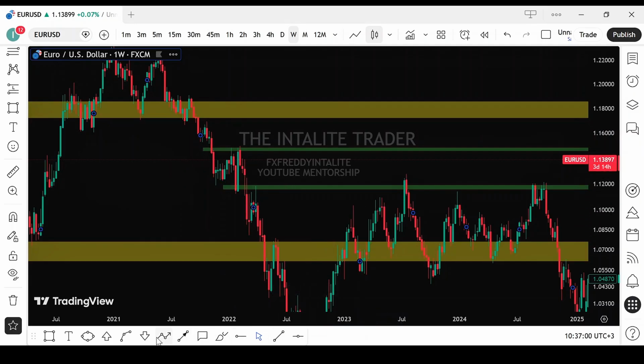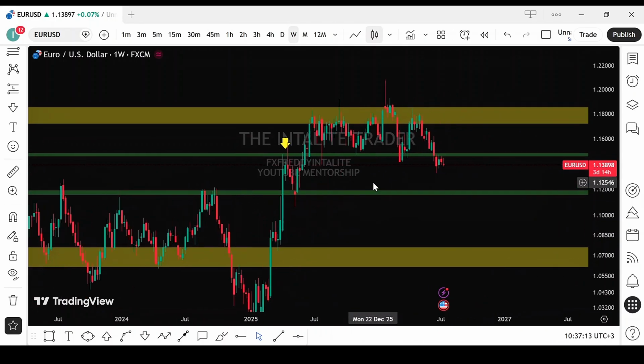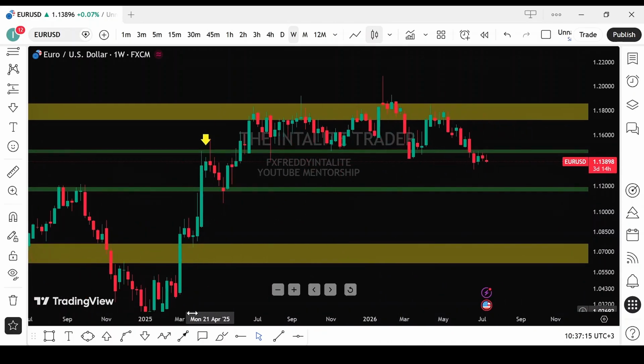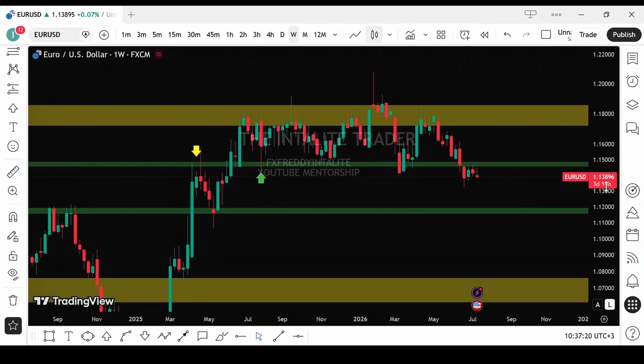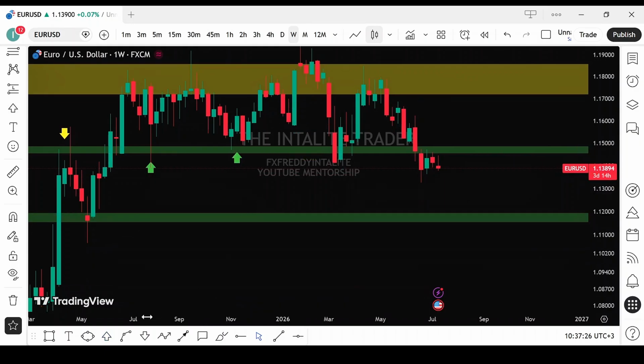Let's say price respected this level here. It again respected it here. Price came and respected the same level. Then price is respecting it here, and we see price respecting the same level here.